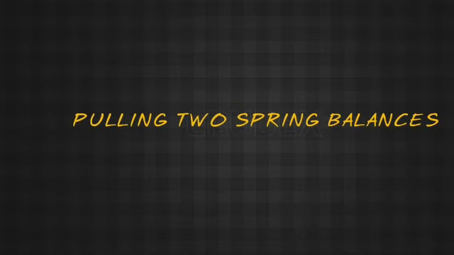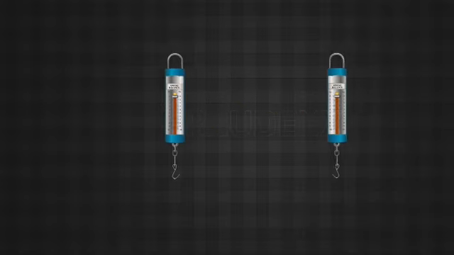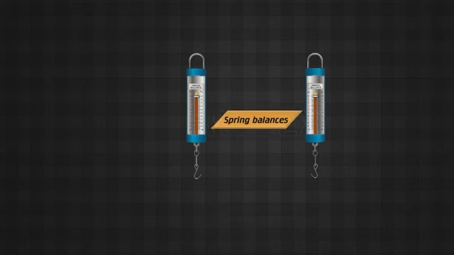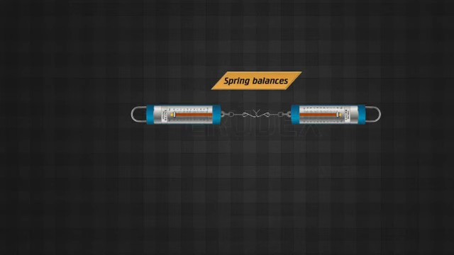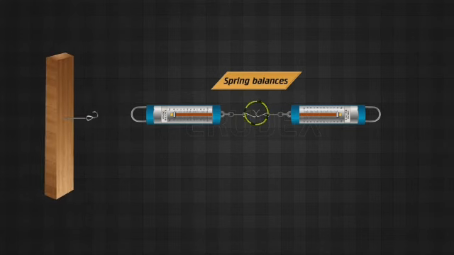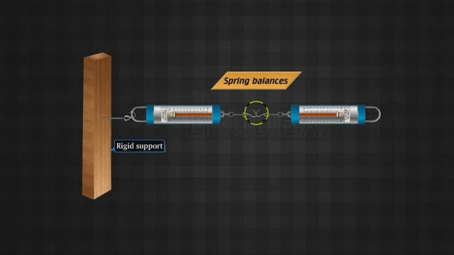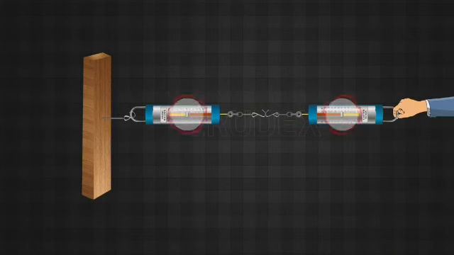Activity. Let us take two spring balances, connect them in between, and fix the other end of the spring balance to a rigid support. Pull the free end of spring balance A. We see that both the balances show the same reading.